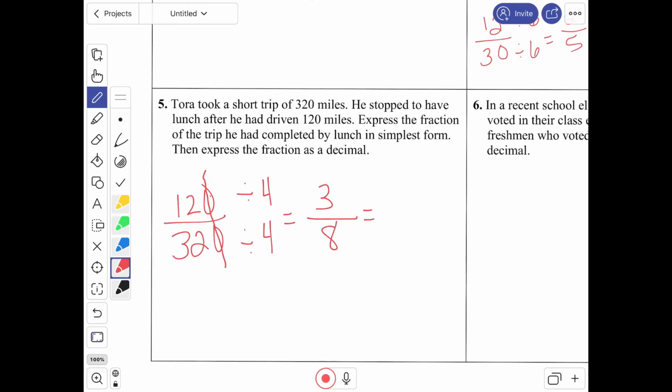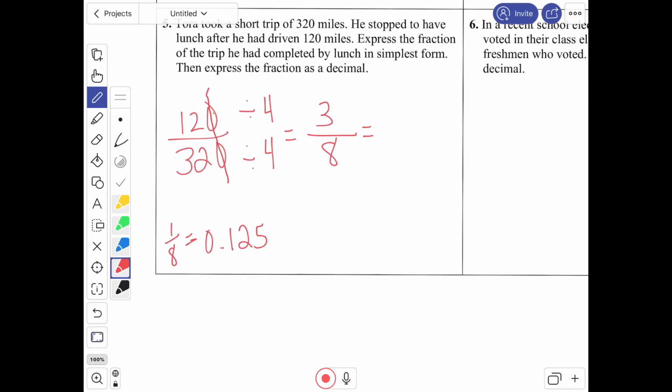So we really want to memorize the 8s. 8s count by 0.125. So 1/8 is 0.125. 2/8 is 0.250. And then 3/8 is 0.375.